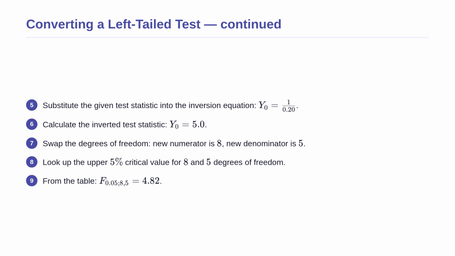Because we inverted the ratio, we must also remember to swap the degrees of freedom. Our new degrees of freedom are 8 for the numerator and 5 for the denominator. Next, we look up the upper 5% critical value for these new degrees of freedom in the standard F table. The table tells us the upper cutoff point is 4.82.